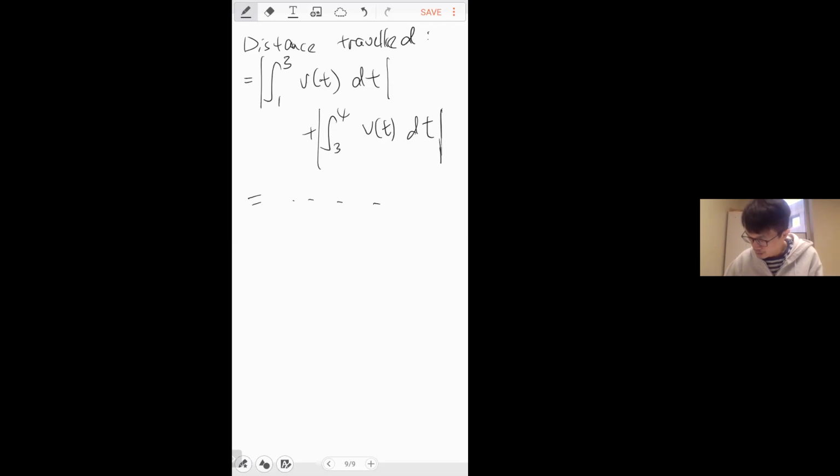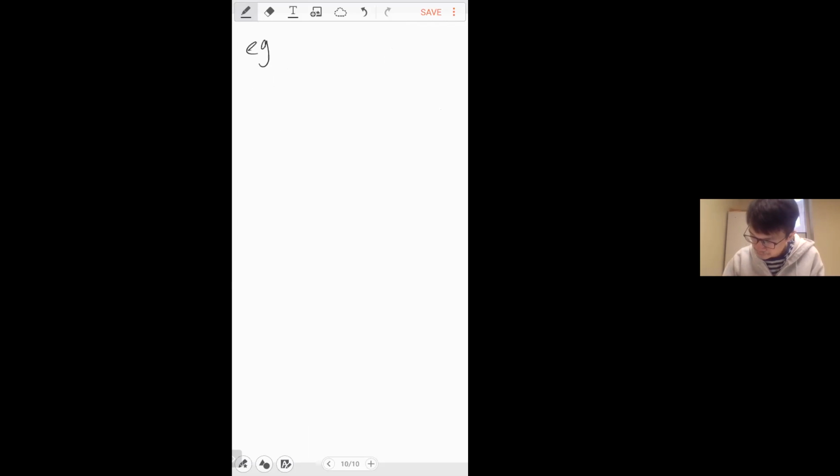Okay. Next example. Consider the function y equals x squared minus 1. Compute the following.